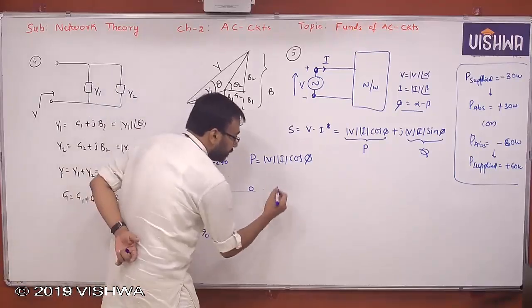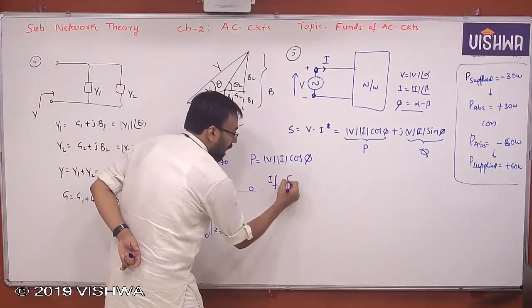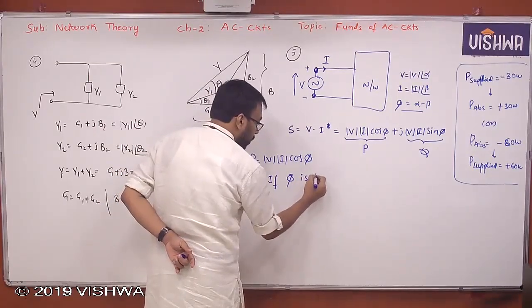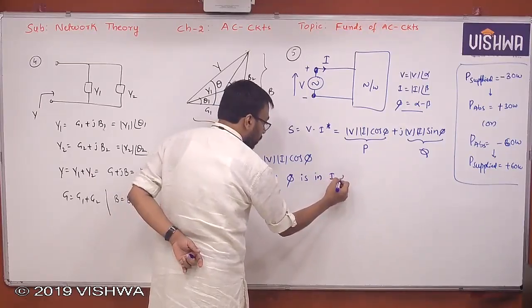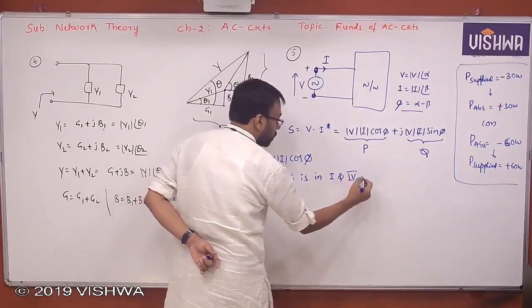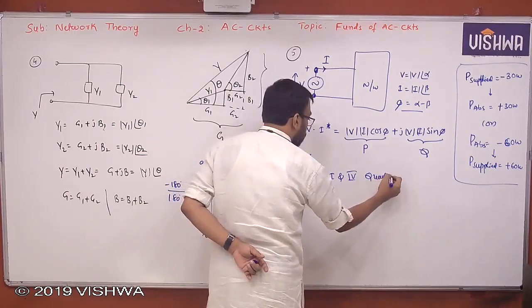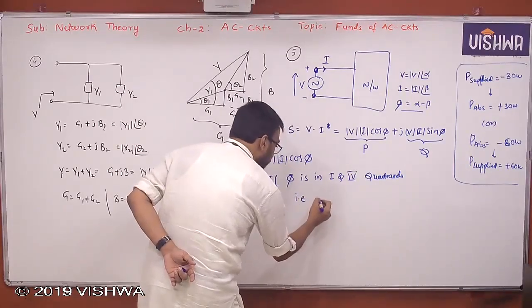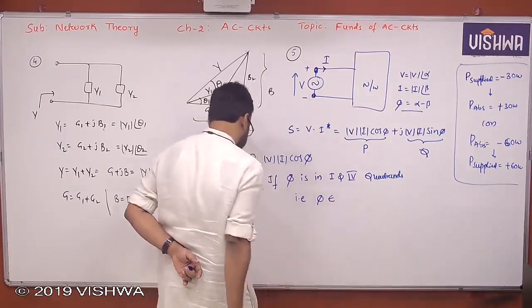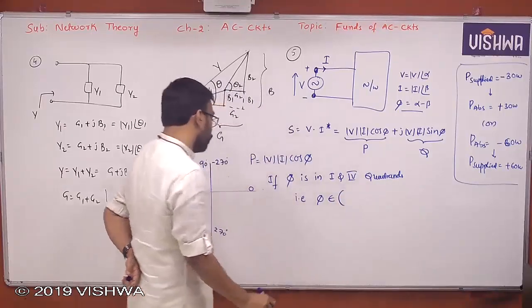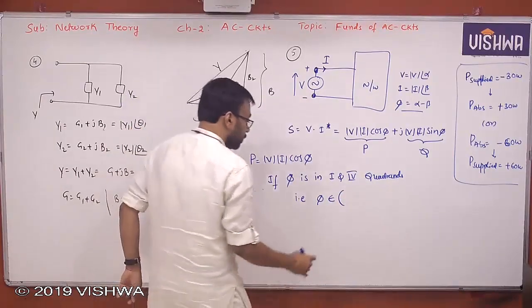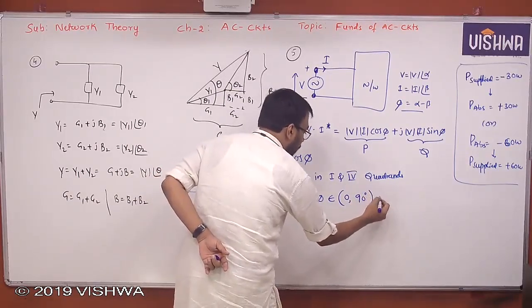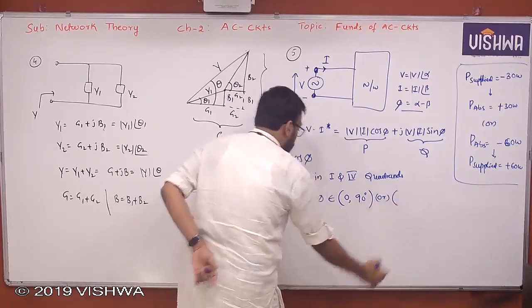So if angle phi is in first and fourth quadrants, that is phi belongs to 0 to 90, okay, or what is this?